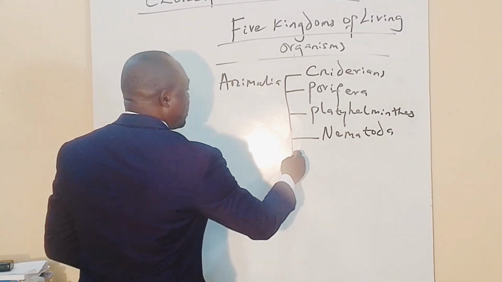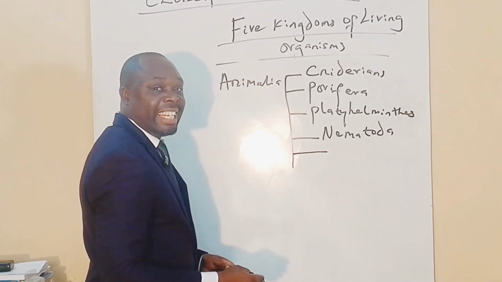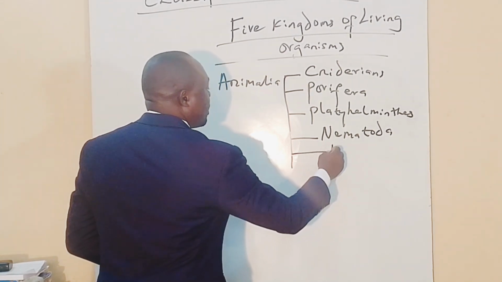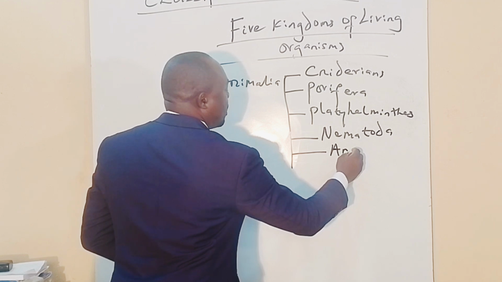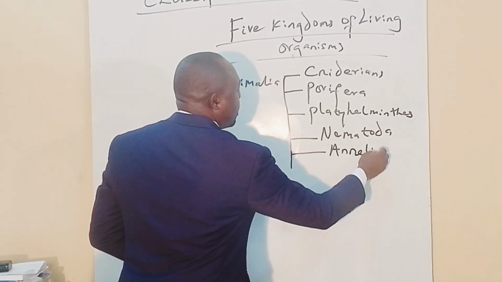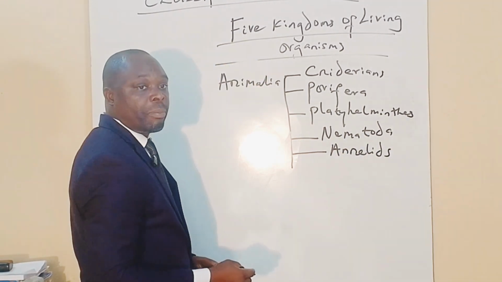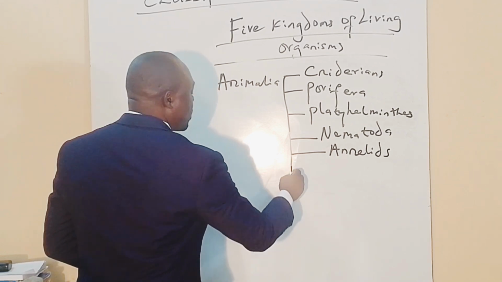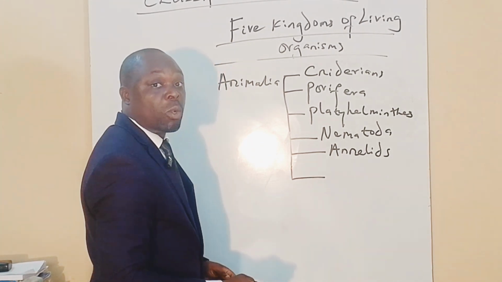The next one is the Annelida, the annelids. The next one is the Mollusca.